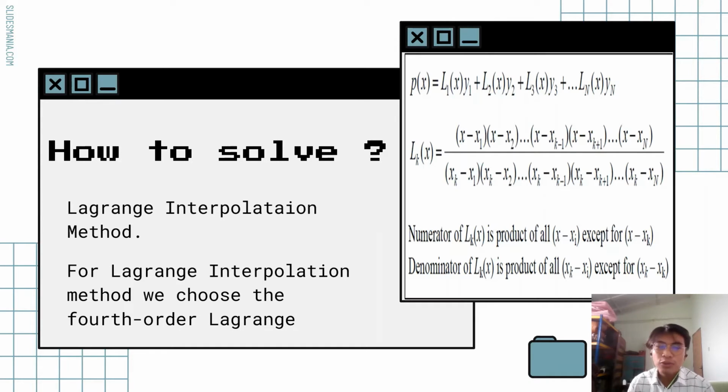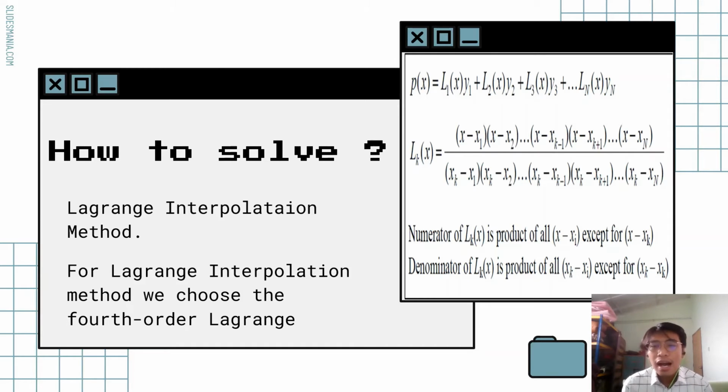How to solve using the Lagrange interpolation? For the Lagrange interpolation, we choose the fourth order Lagrange, which means we take five points of interval. Let's say our interval is 0 until 5.